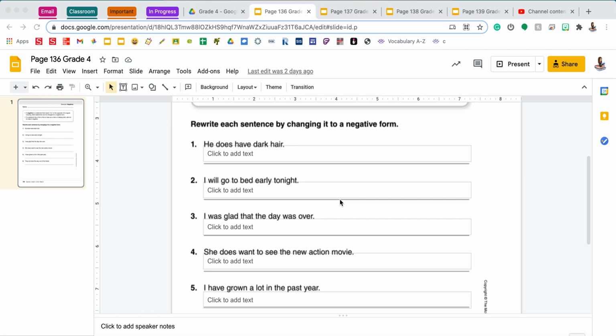Let's take a look at number 1 and 2 together. Number 1 says, he does have dark hair. I want to change it to a negative form, so I'm going to add the word not and say he does not have dark hair.